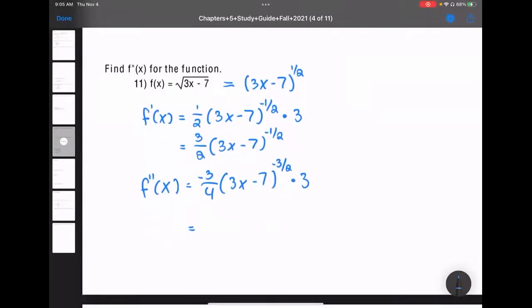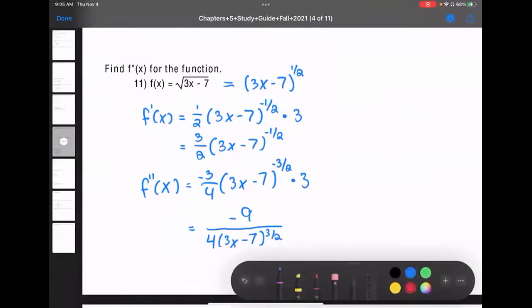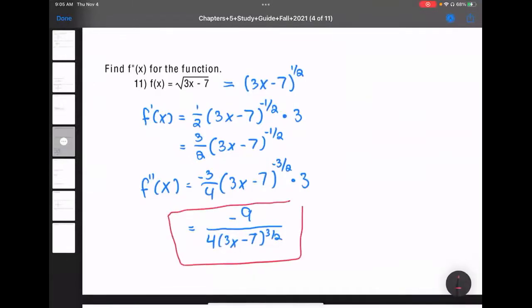And simplifying that, we get negative 9 over 4. And I'm going to put the exponent out of negative form by putting it in the denominator. And that's our solution. Okay, so that's for number 11.